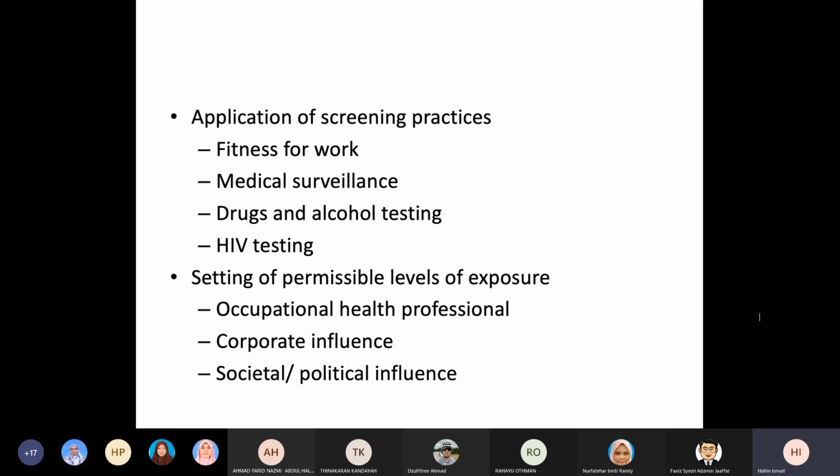Okay, so that poses an ethical dilemma as well to the medical practitioner. In terms of medical surveillance, it's the same thing. Drug and alcohol testing and also HIV testing and all those, either you need to do it or you're supposed to be doing it or not supposed to be doing it, right? Setting of permissible level of exposure.